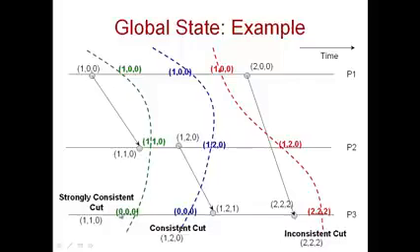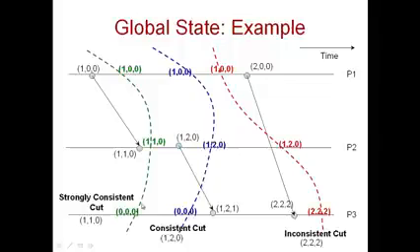Now if you look at the cut events at these processes, when this event happens, it's not an internal or sending or receiving event, it is a cut event, so we don't increment the clock value. But when you capture the snapshot, this is the latest vector clock. So this is the vector clock of this cut event at process P1, this is the vector clock of this cut event at process P2, and this is the vector clock at process P3.